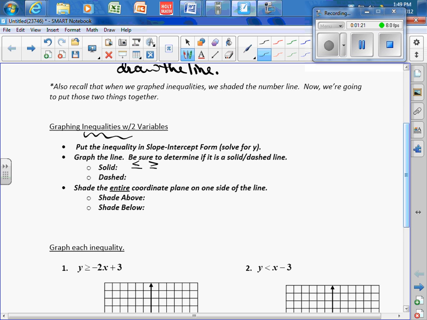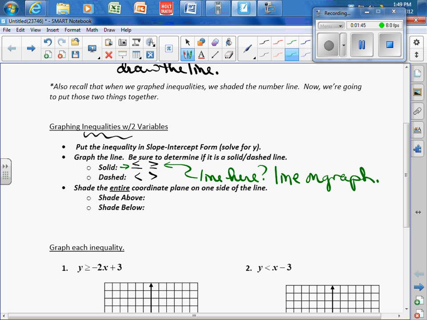It'll be a dashed line if it's just less than or if it's just greater than. The way I always remembered this was if there's a line here, it'll be a line on the graph, meaning a solid line. If there's no line underneath it, then it'll be a dotted line. No line means no line. A line here means a line on the graph.